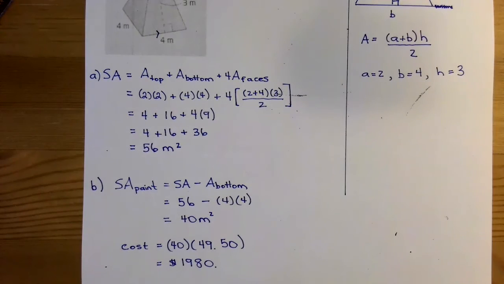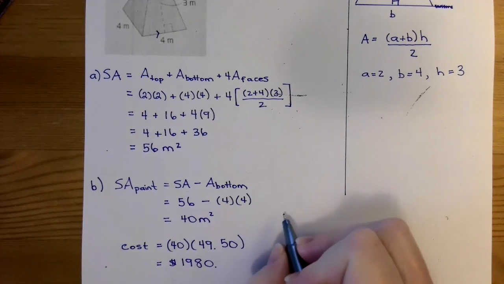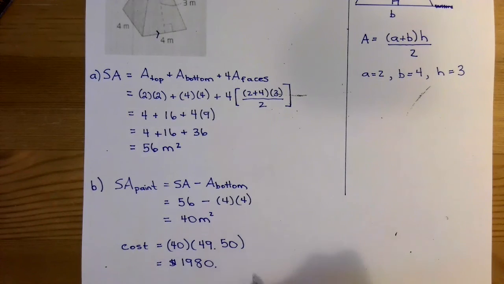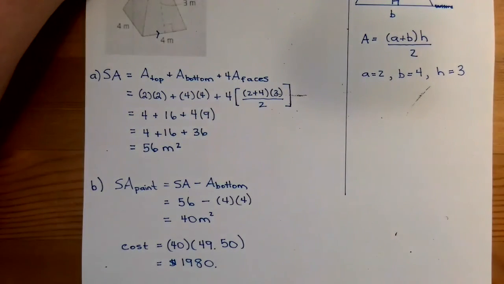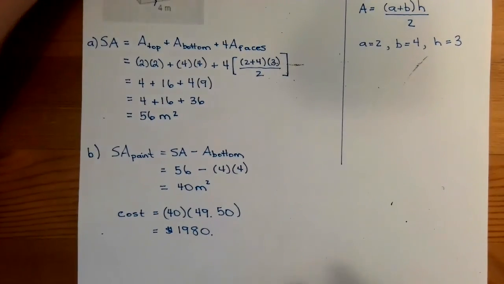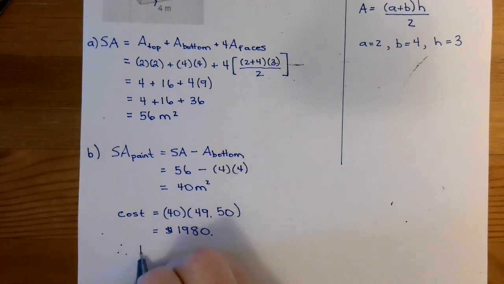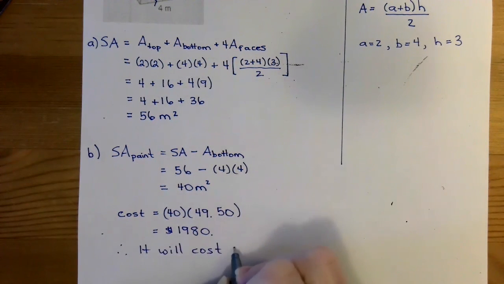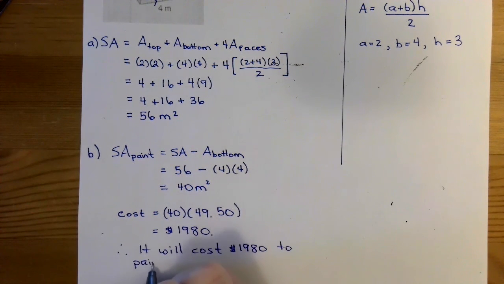So therefore, it will cost me $1,980 to paint the frustum. Anyway, nines, hope that helps.